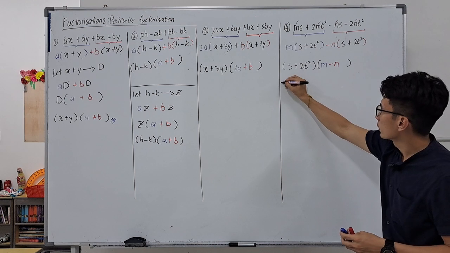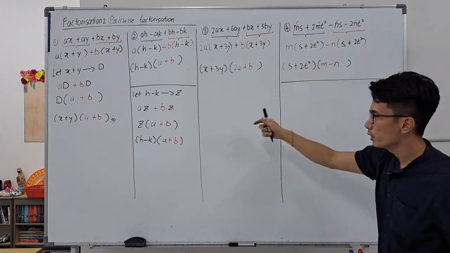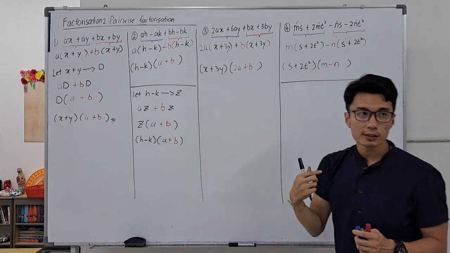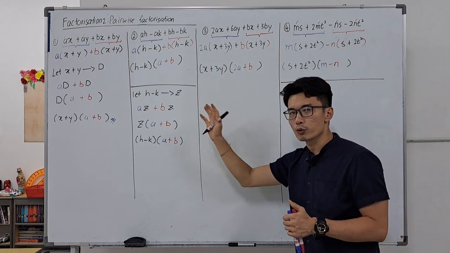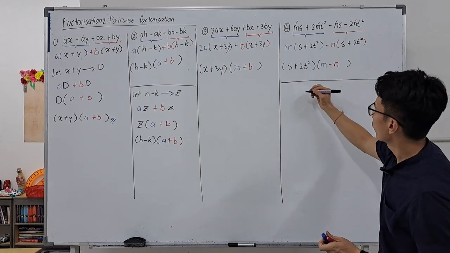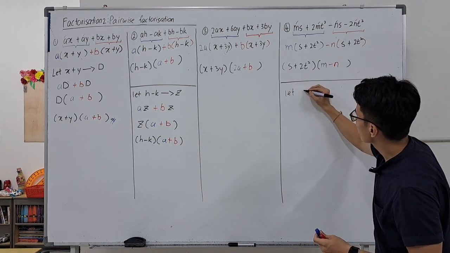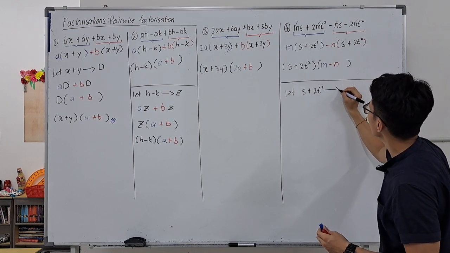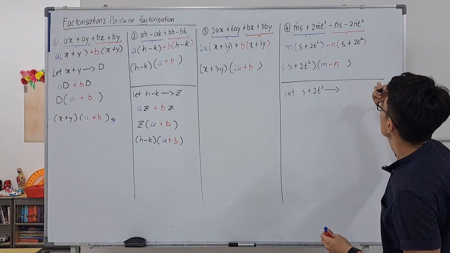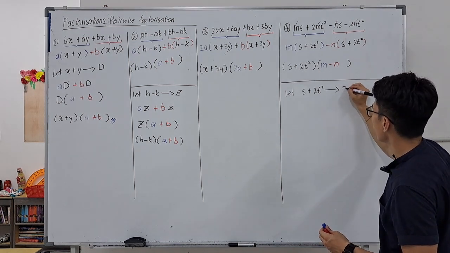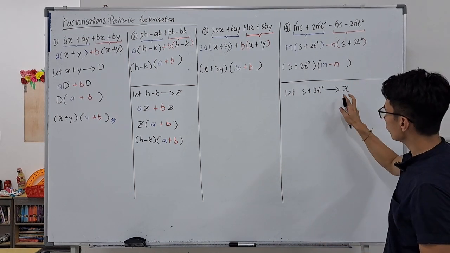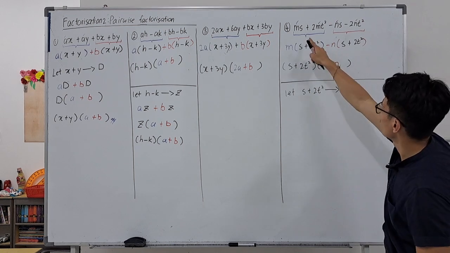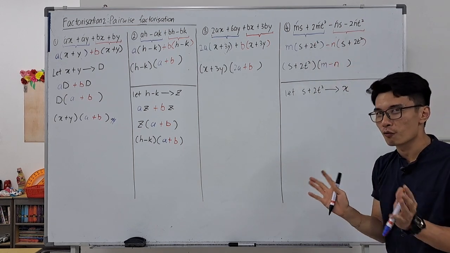Now, last example, I'm going to redo this using this method so you can see what's going on, for those of you who are struggling with this. I can say let s plus 2t squared, in this case let's just choose the letter x. It's important to choose a letter which is not in your expression so that you're not confused with anything.